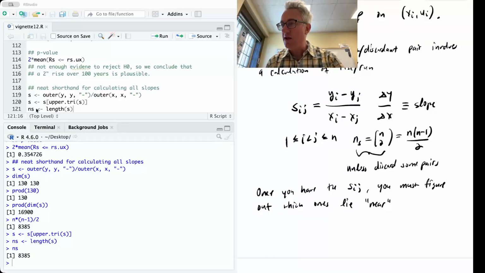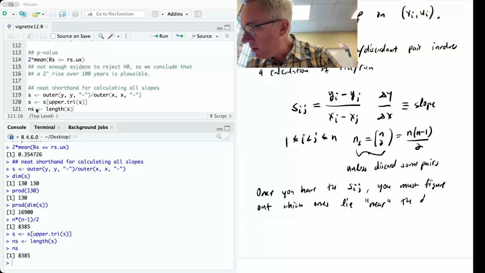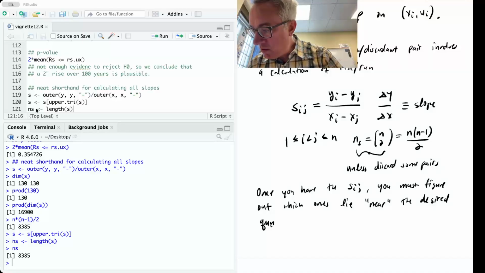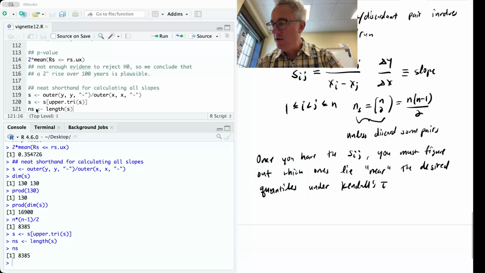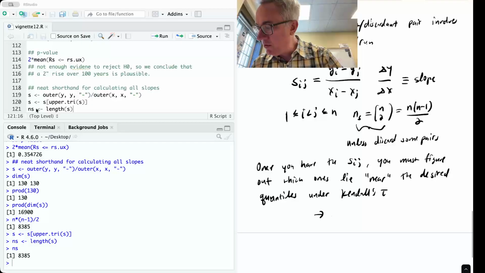We're not going to be able to get any quantile we want. So near the desired quantiles under Kendall's tau, or the distribution for Kendall's tau, which we can get with the qKendall command or via simulation.